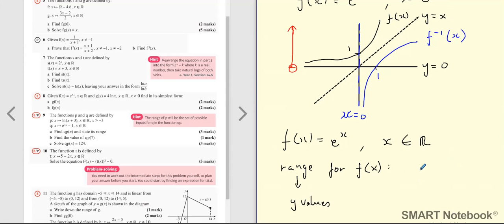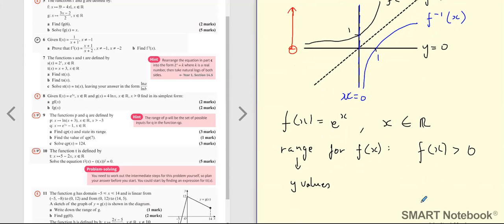So the range of f of x is greater than 0. Would we agree with that? Can you please let me know in the chat? Okay, so your range for f of x is greater than 0.